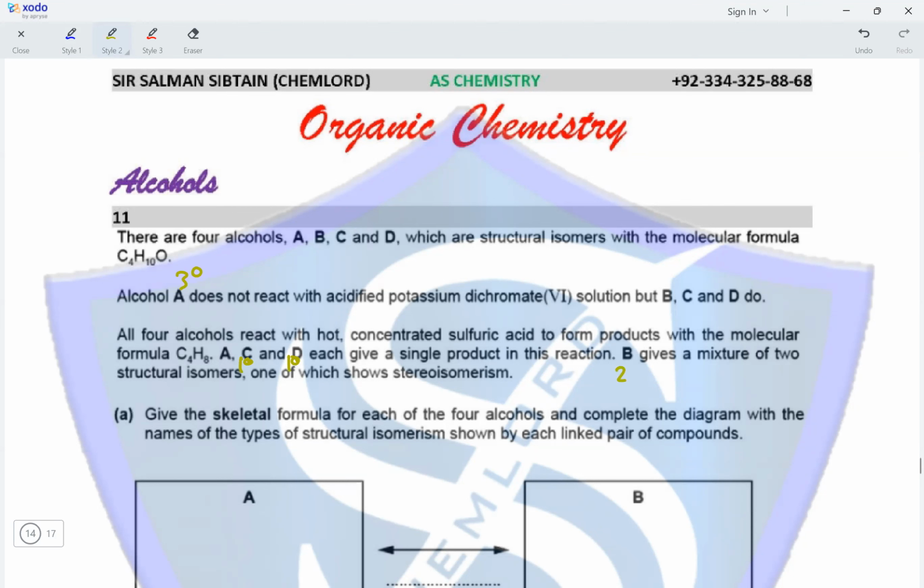So B is definitely a secondary alcohol because the OH group is on the second carbon atom, and when dehydration occurs, the OH from the second carbon atom and H from the first carbon atom can be removed, or OH from the second carbon atom and H from the third carbon atom can be removed, forming two different types of alkenes. And if the double bond is between the second and the third carbon atom, then we could have cis trans isomers forming.